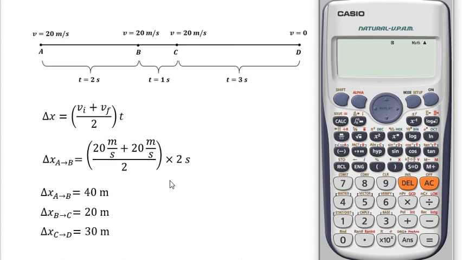So for the sake of illustration, pinakita natin ang substitution for finding the displacement from points A to B. So get the fraction, 20 plus 20 divided by 2 multiplied by 2 seconds is equal to 40.